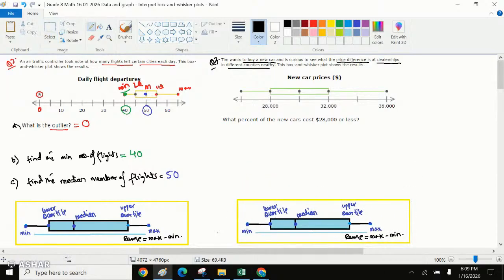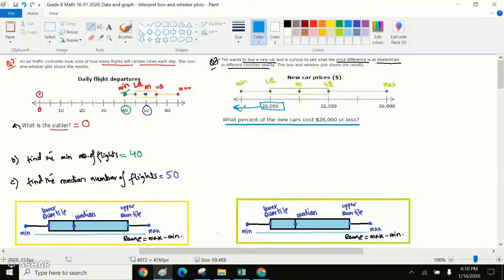So if we compare this with the given question, can we say this was the minimum, this was the lower quartile, this was the median, this was the upper quartile, and this was the maximum price, $36,000? What they're asking us is what percentage of the new cars cost 2,800 or less.